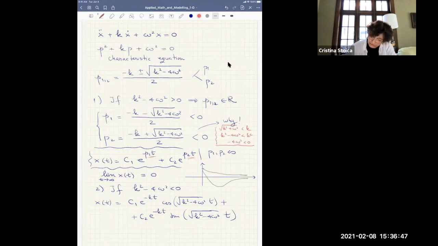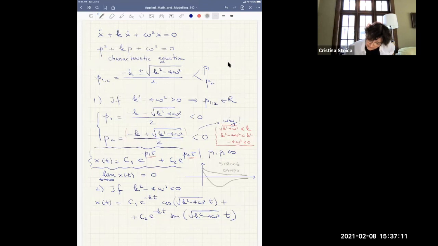So this is less than k, and then you end up that this fellow up here is negative as well. That's why. In this case, this is called strong damping, I guess.